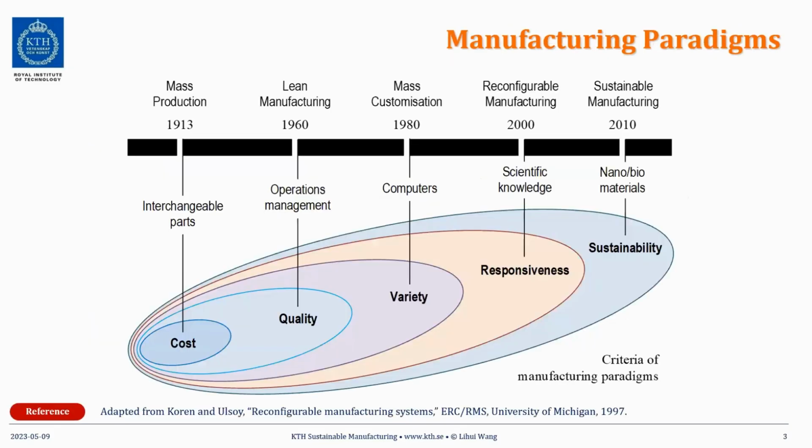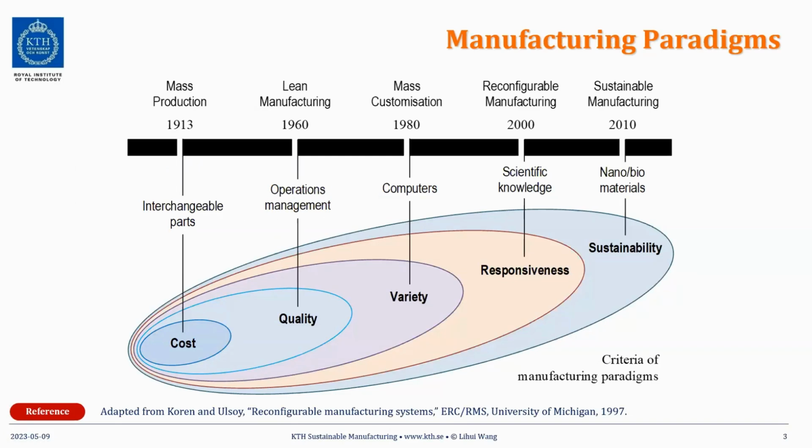Over the past, if you see the horizontal axis on top of the bar, here is only part of the industrial revolution, a more modern time. In 1913, we entered into mass production. This was particularly enabled by Ford Motor Company after they introduced a moving line.